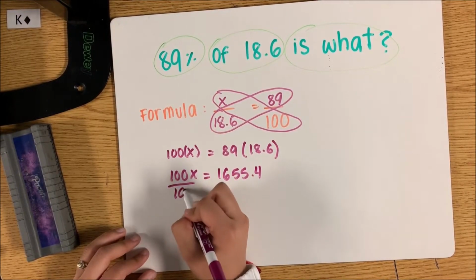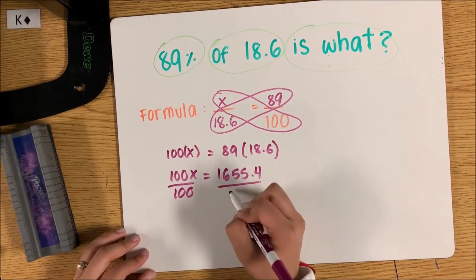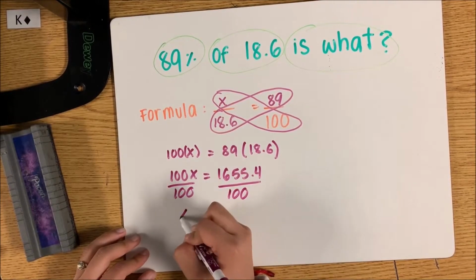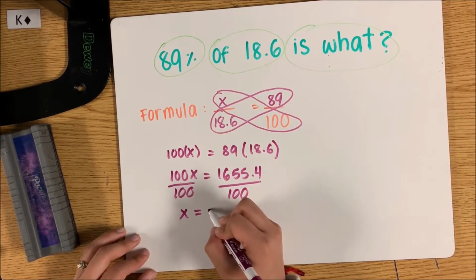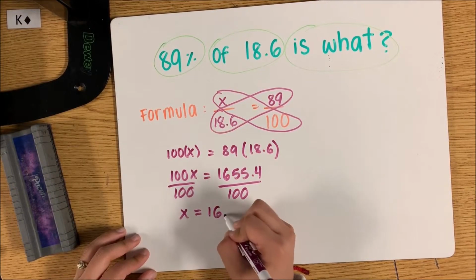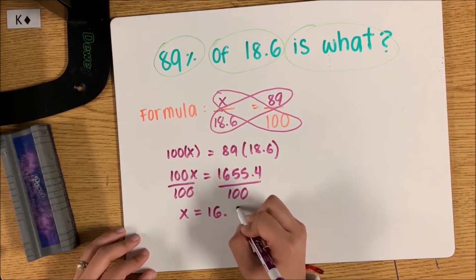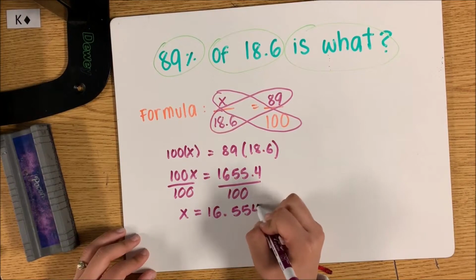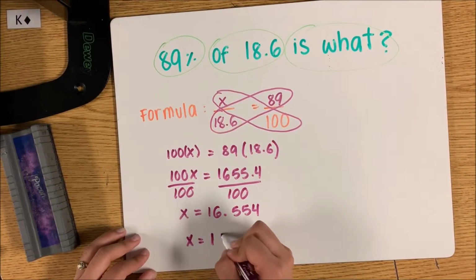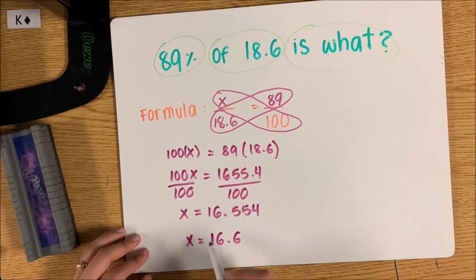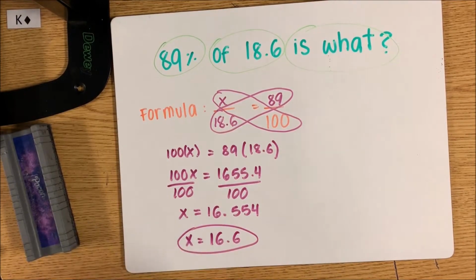Our final step is to get the x variable alone by dividing 100 on each side. Now we are left with x equals 16.554. Rounding to the nearest tenth, our final answer is x equals 16.6.